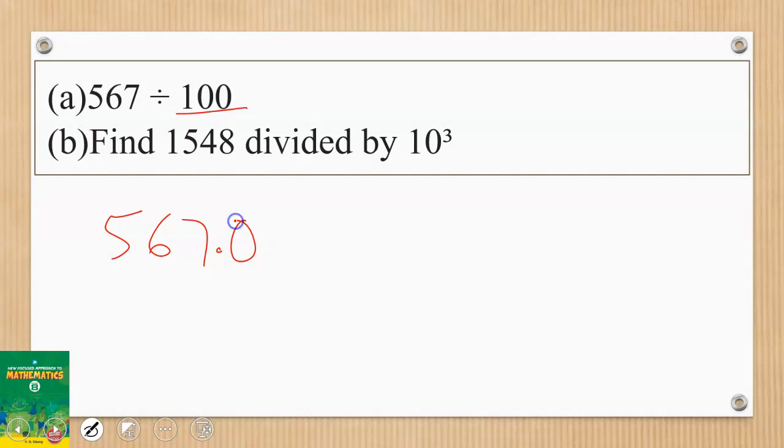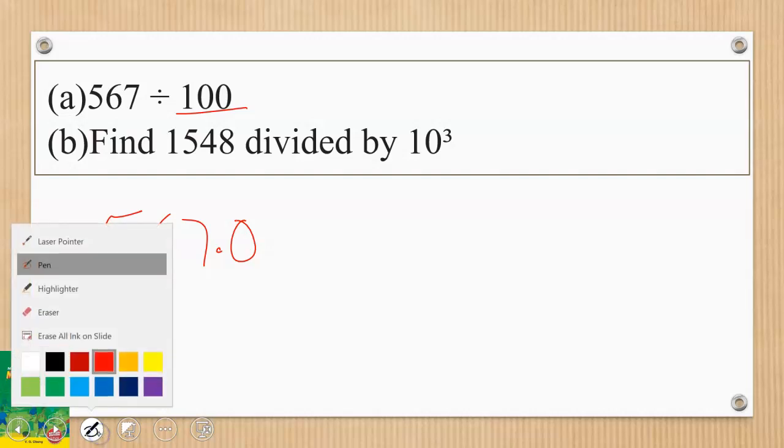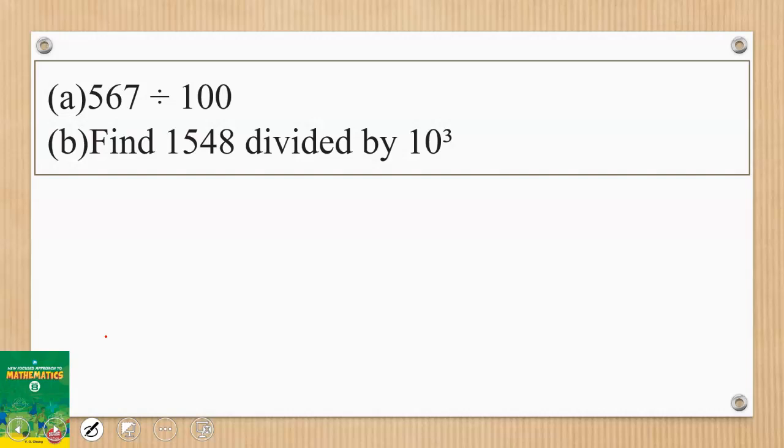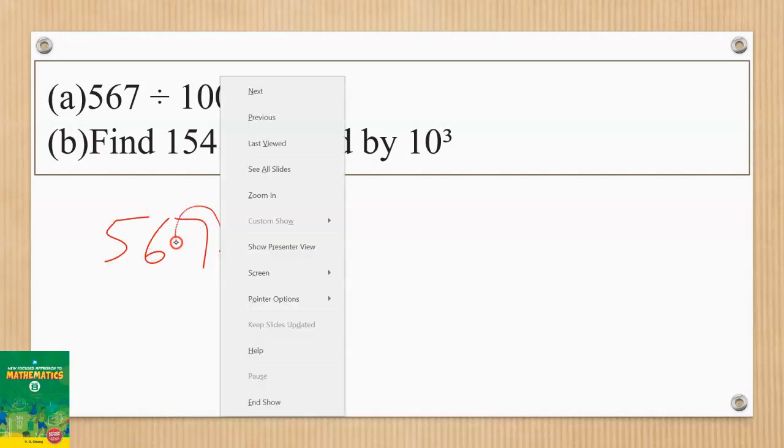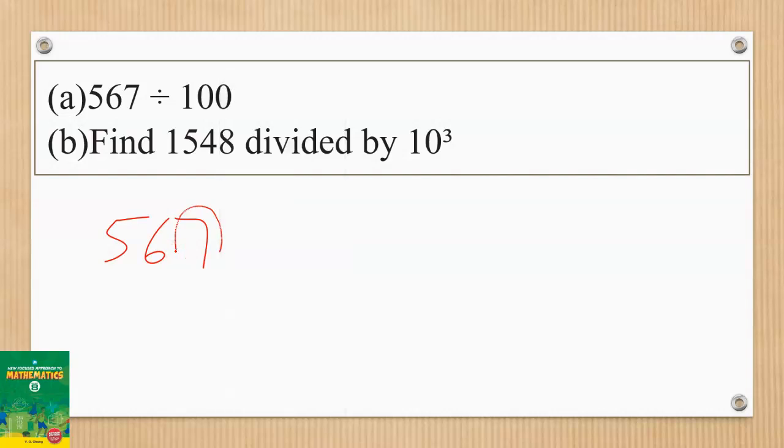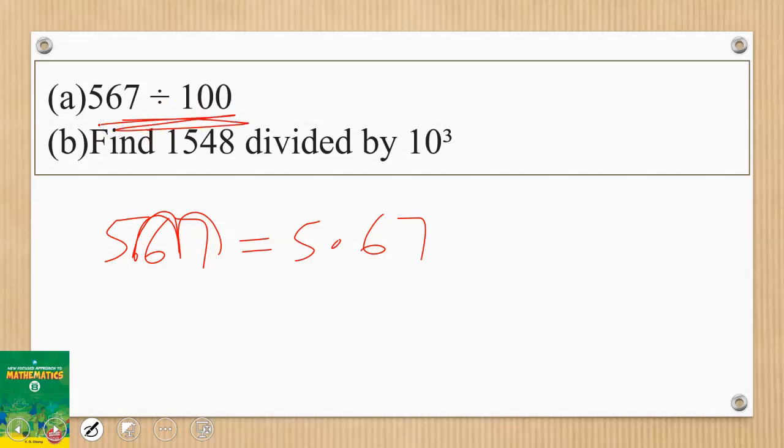So we are going to move the decimal point backwards. Decimal point is here, so we're going to move 1, 2. So the answer becomes 5.67. And so dividing this number by 100 will give us 5.67.